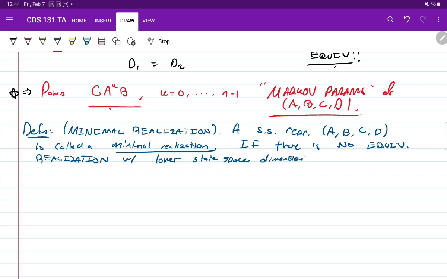Okay? So let's say I have a state space representation A, B, C, D, and the dimension of the state space is 3. If I can find an equivalent realization with a state space of dimension 2, then my original representation was not a minimal realization. Now, if on the other hand 3 was the smallest dimension you could go, then it would be minimal.